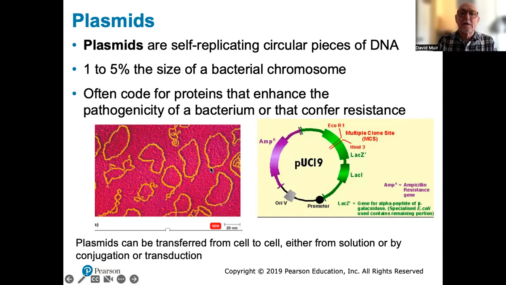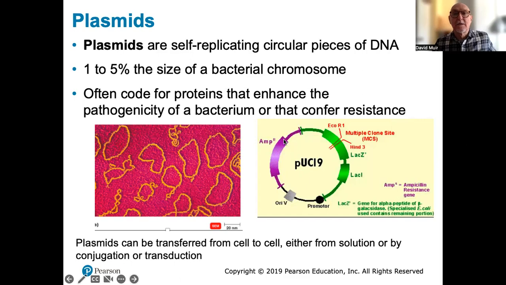And here are our plasmids, an electron micrograph, the little circles of DNA. And here is a typical plasmid. This is called pUC19, a very famous plasmid. And this is often used in genetic engineering. So this gives you the typical structure of a plasmid. You can see here, it has a gene which confers ampicillin resistance.